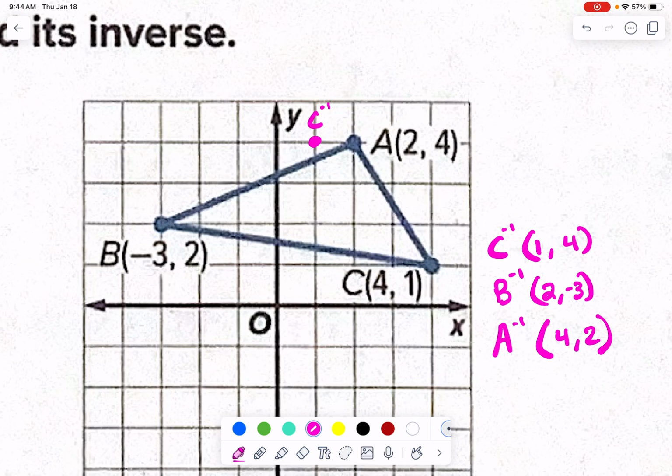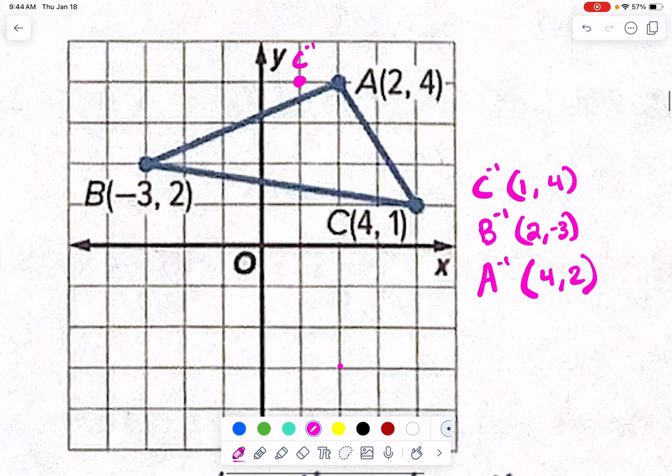Okay, 2, negative 3 is down here. That is B inverse. And 4, 2 is A inverse. Okay, so, did I do that right? 1, 4, 2, negative 3. Yep.